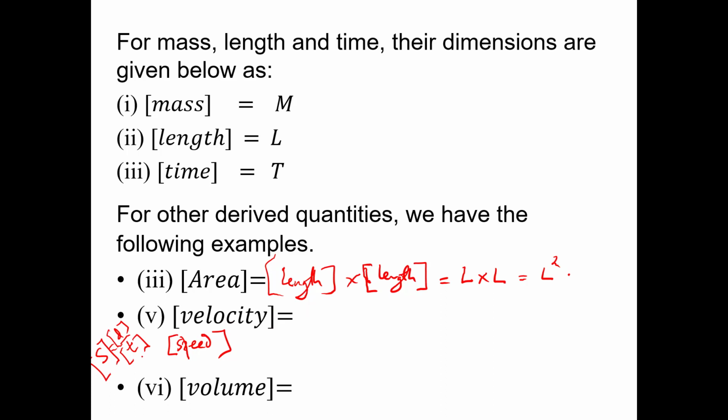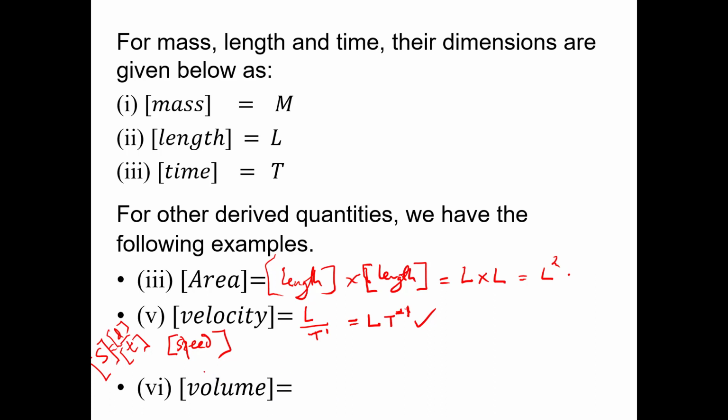And this is the same as, for distance, that is length, capital L, divided by dimension of time, which is capital T. And in the scientific form, this is the same as capital L T to the power of -1. In other words, there is a power 1 here. When I move this division symbol, it becomes a -1. So this is the dimension of speed or of velocity. In case you got this, that is wonderful.